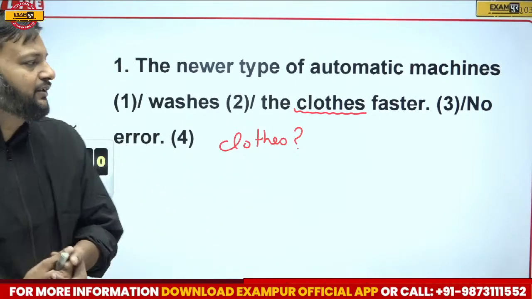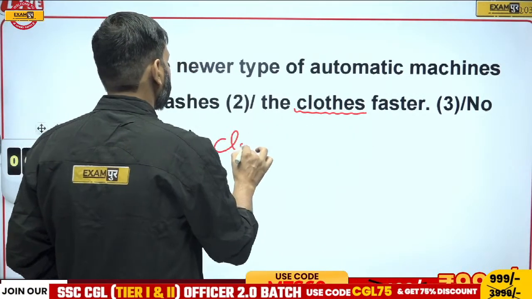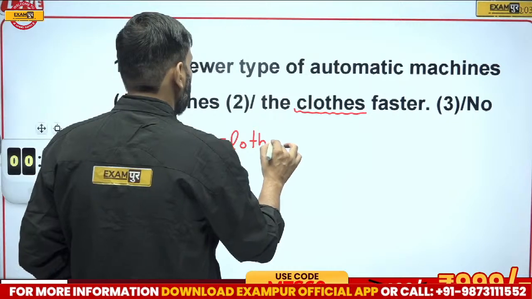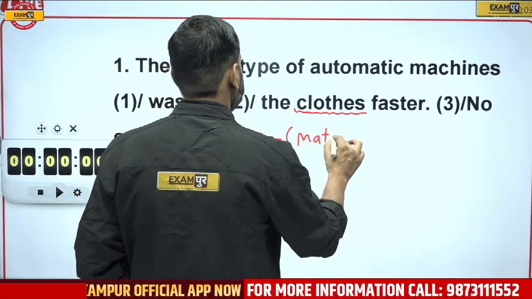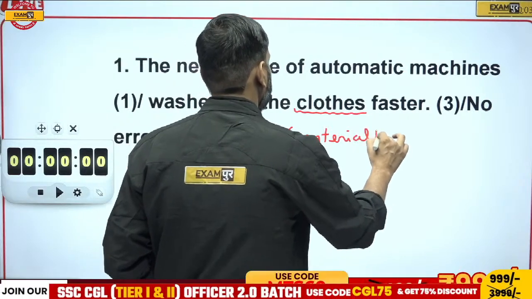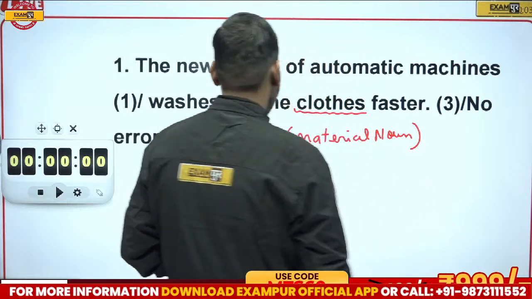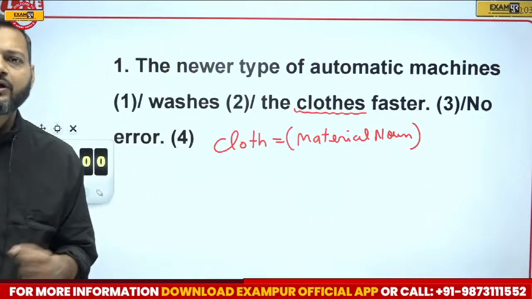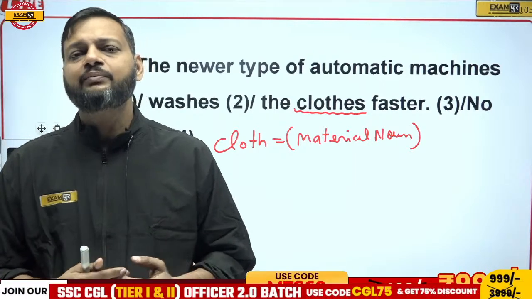See, the word cloth is a material noun which cannot be plural.